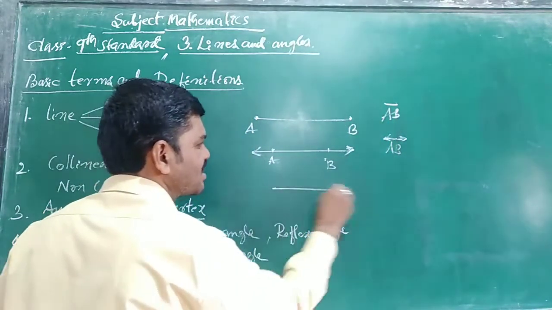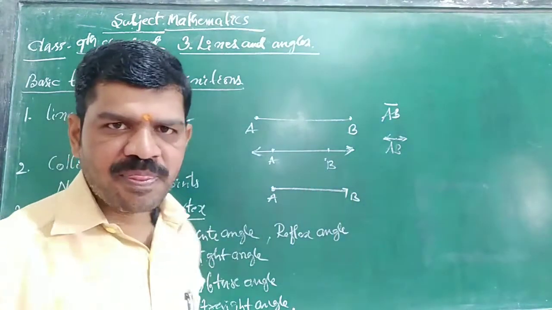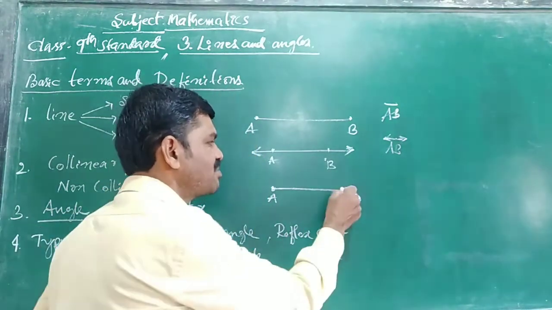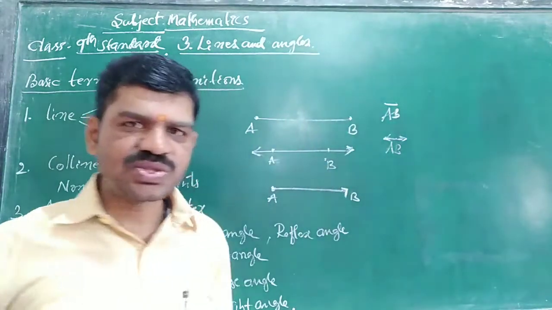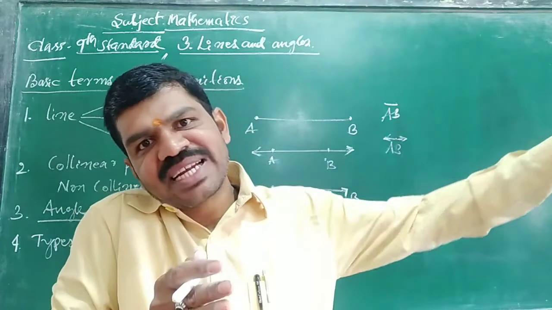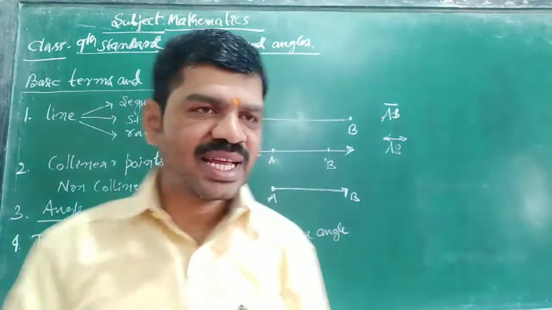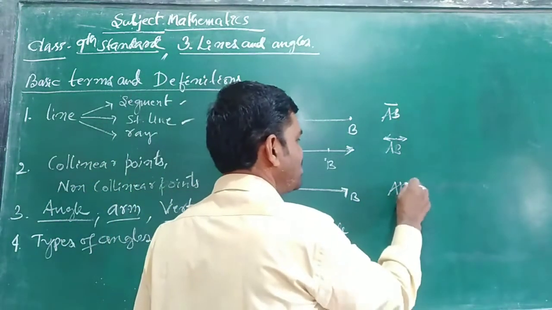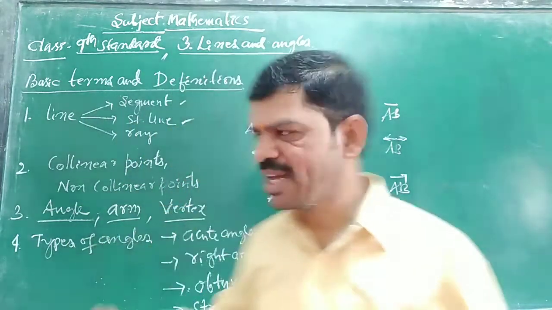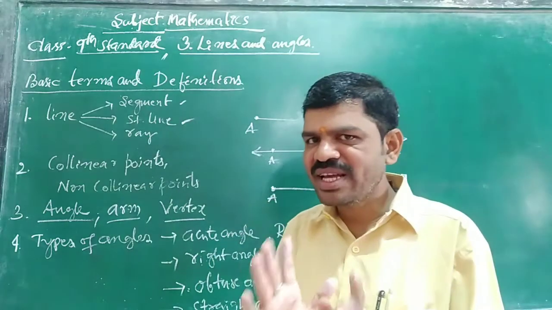Ray in the sense, it has started at a point. There is an end at one point A, and there is a B which continues from one point. It starts and goes infinitely. Okay, this is a ray. It is written as AB. This is the types of line. Line segment is a part of a line.